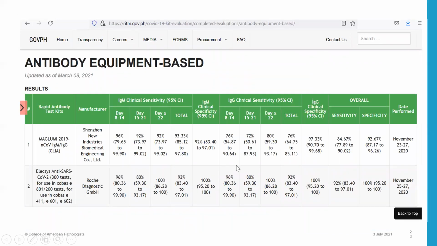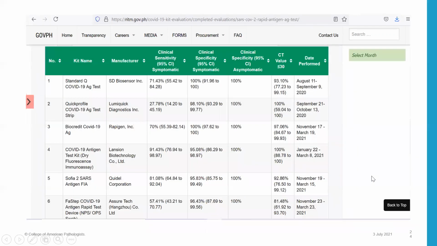And then there is also the antibody equipment test. So far, only 2 registered for this in November 2020, and also for the other kits, so this is the antigen kit. Several have registered, and they use either the dry fluorescence immunoassay or the fluorescence immunoassay type, or the test strip type or the lateral flow assay type.